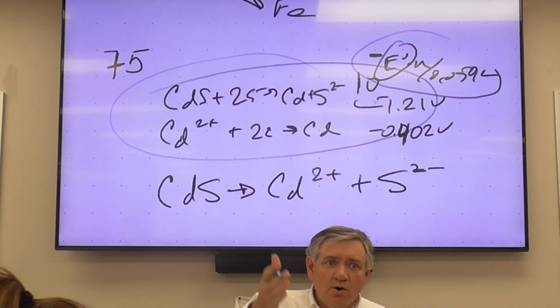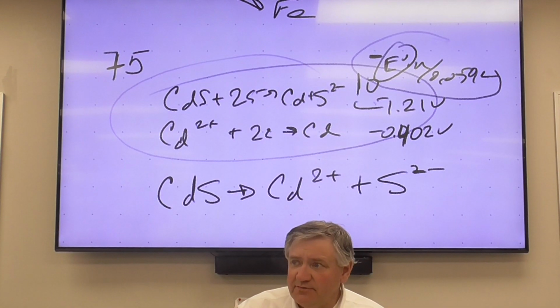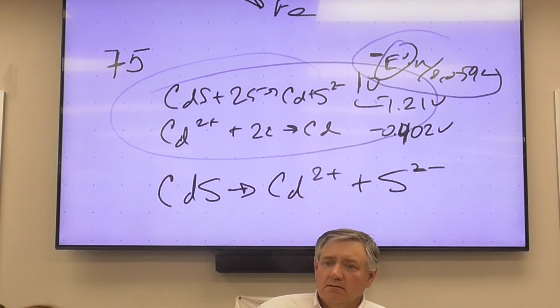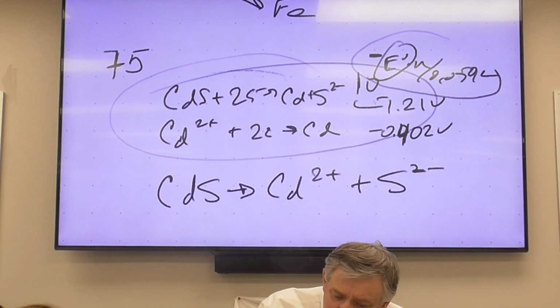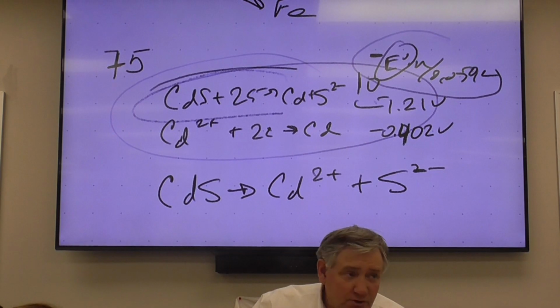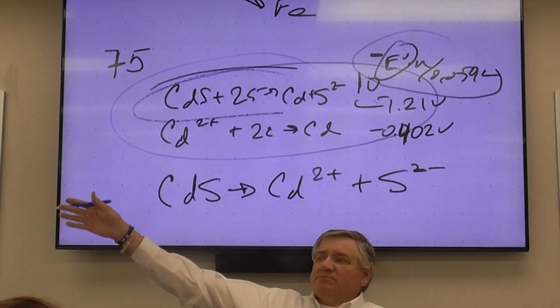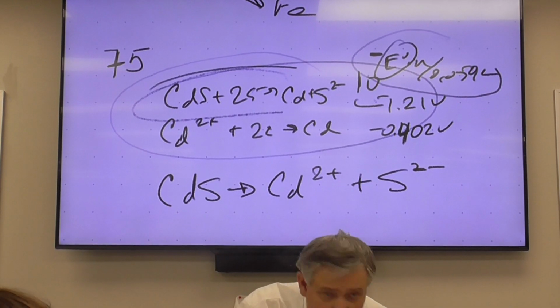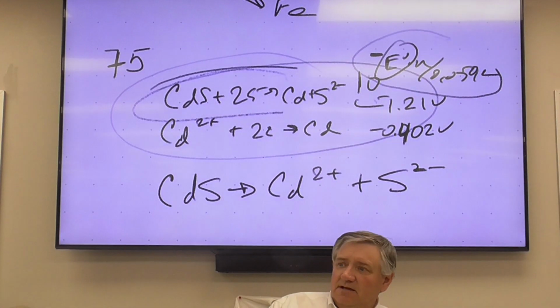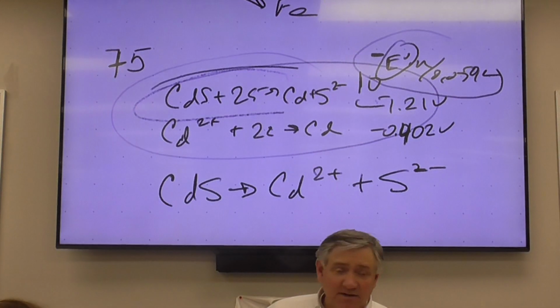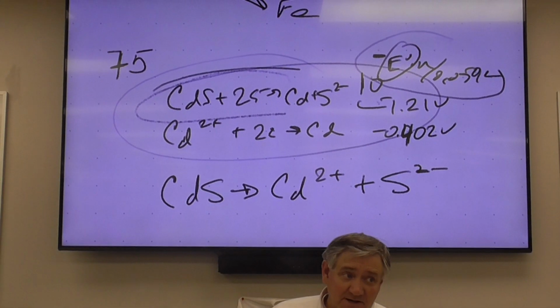So right away, where does cadmium sulfide have to exist? On the reactant side or on the product side? On the reactant side. So if you flip the first one, you're screwed right from the beginning, because you put cadmium sulfide, which is going to be a product, on the reactant side. So from a chemistry perspective or a math perspective, I don't care.